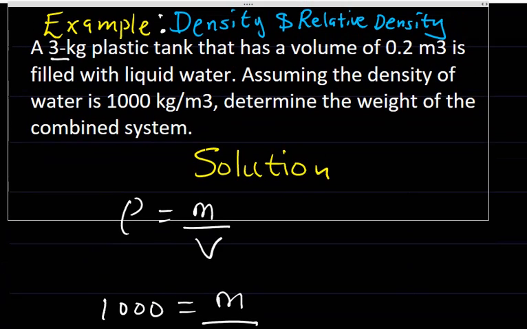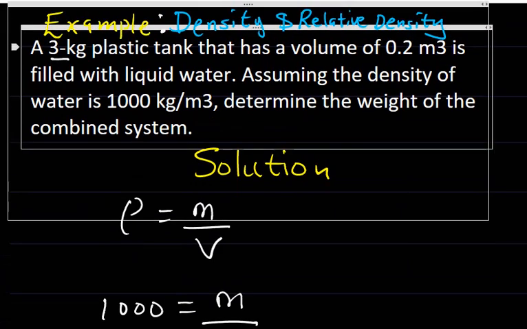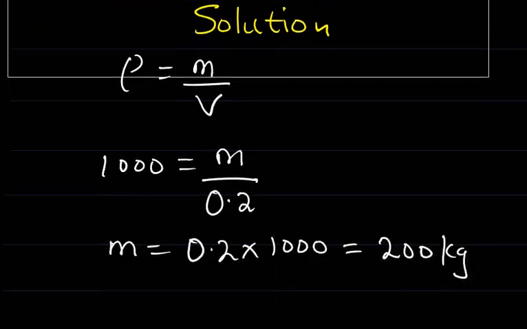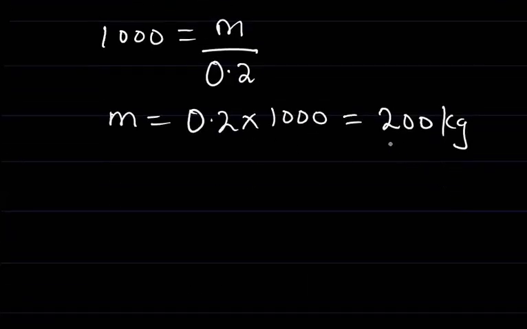Let me read again. A 3 kg plastic tank has a volume of 0.2 meters cube, filled with liquid water. Assuming the density of water is 1000 kilogram per meters cube, determine the weight of the combined system.